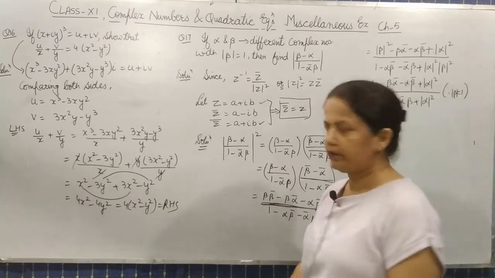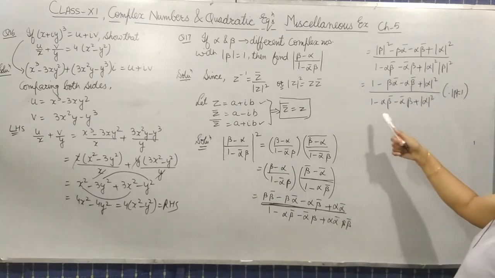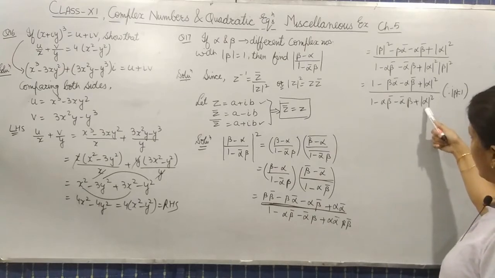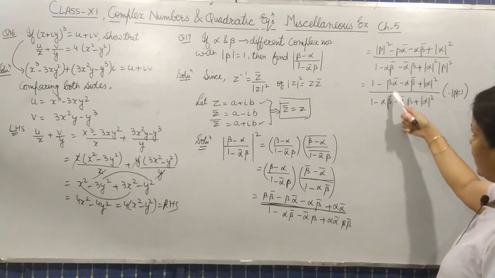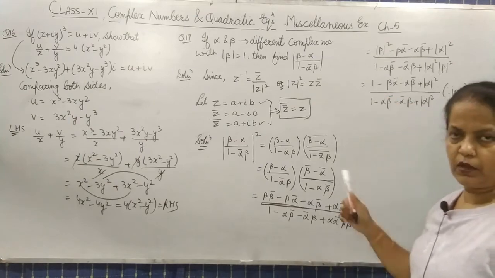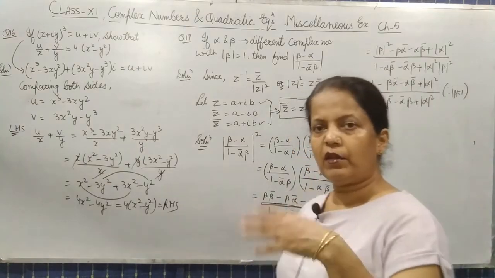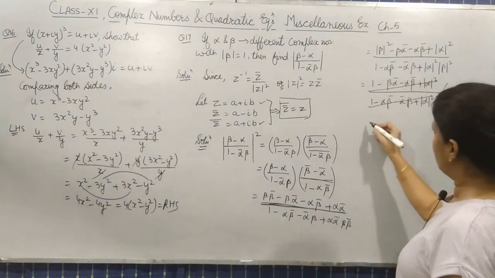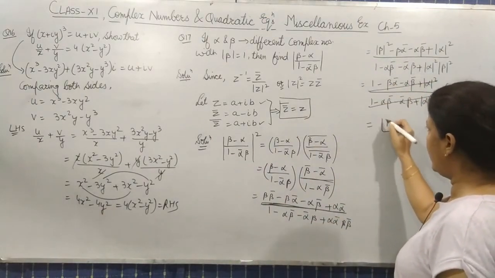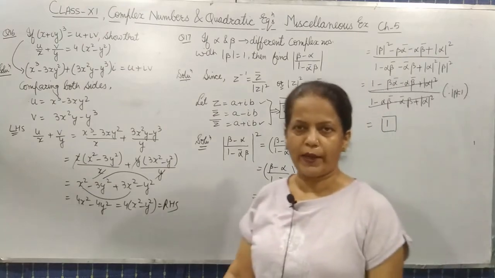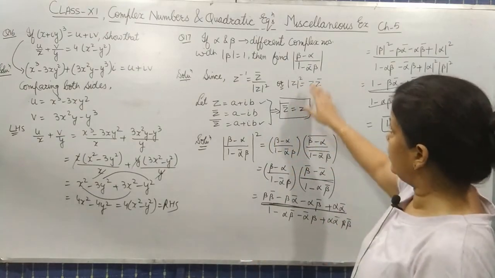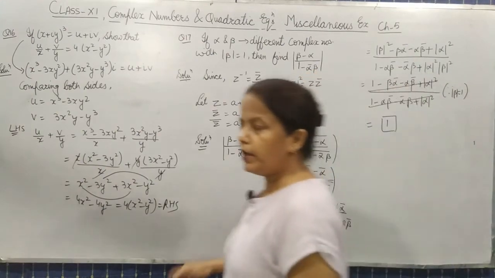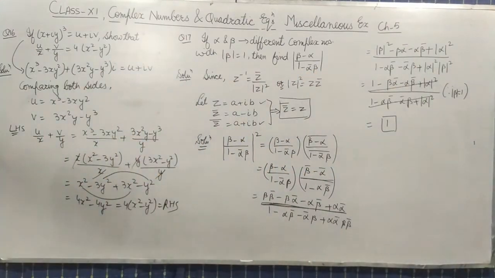This is given. Now look at the terms. If you observe, this is the same, this is the same, this is the same and this is the same. It means the upper and the lower terms are the same, so we can cancel them. After cancelling, we get the value as 1. So the answer of this is equal to 1. Let's go for the next question.